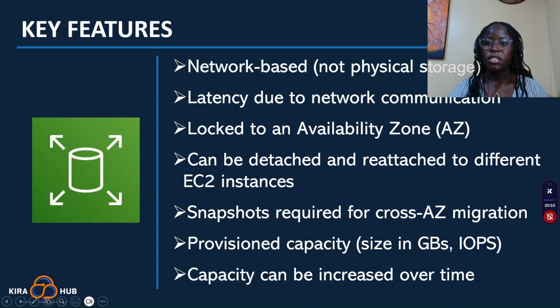So it's not a physical storage, they are network based, meaning they are connected to our EC2 instance via the network. This can bring up just a small bit of latency in that manner. Now, EBS volumes are also locked into a specific availability zone.